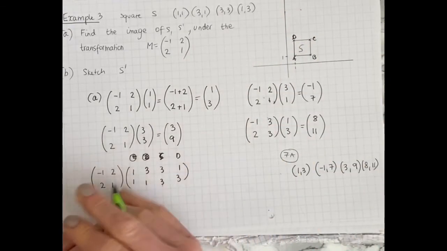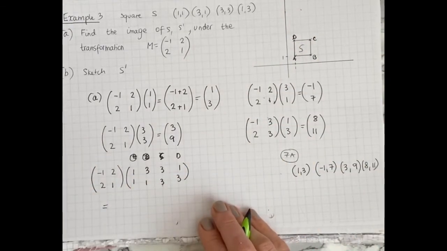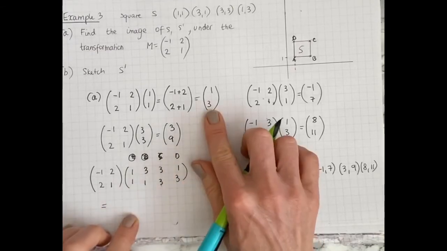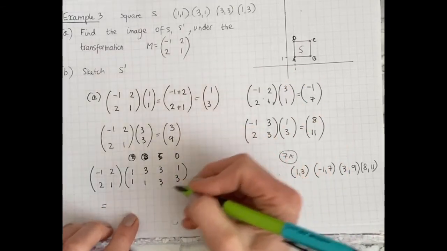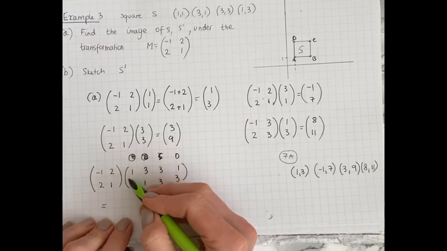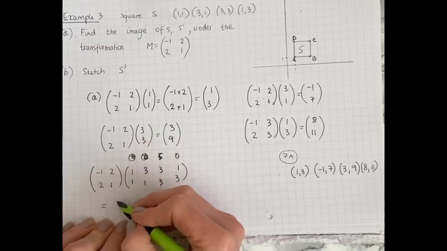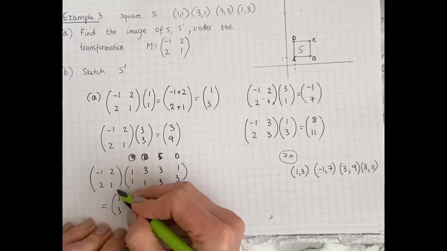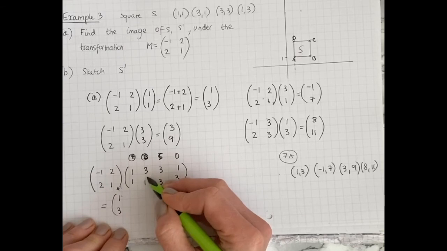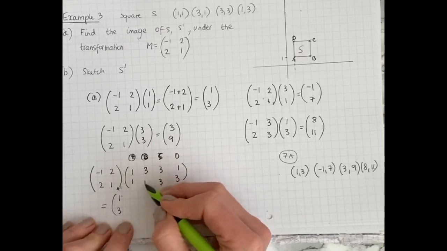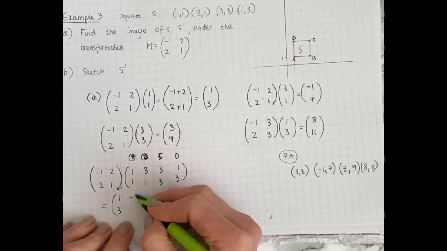What I'm going to do, if I do all the multiplication in one go, the first column will go with the image of point A, so we'll call it A dash. So look, you've got 1, 1 matching with minus 1, 2, so you've got minus 1 plus 2, which is 1, 3. That would have been our point A dash. Then you carry on and you do minus 3 plus 2, which is minus 1, 7.